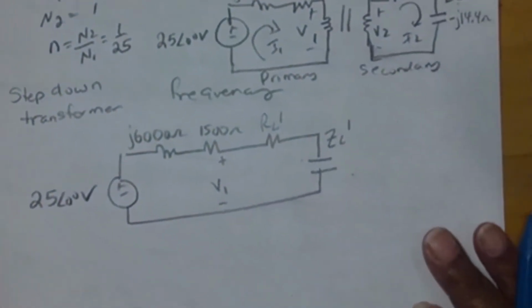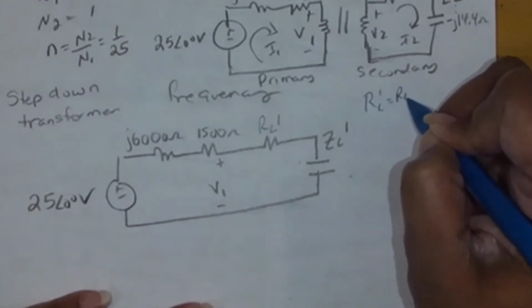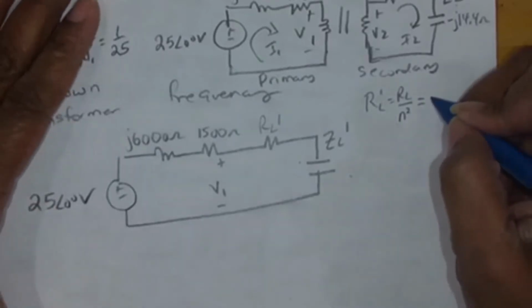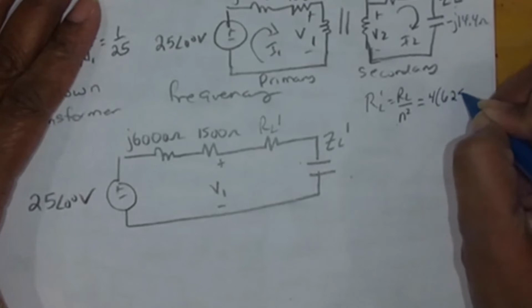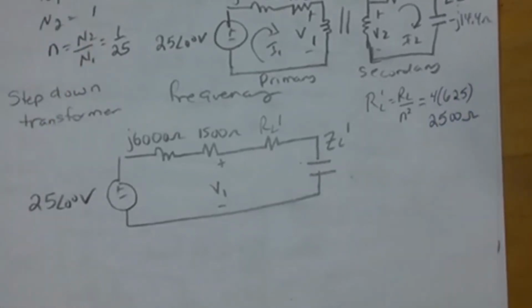So now I use my formula. RL prime equals RL over N squared. So that is 4 times 625, which is 2,500 ohms.